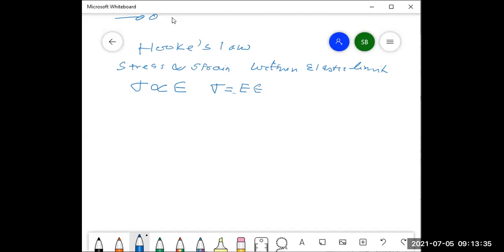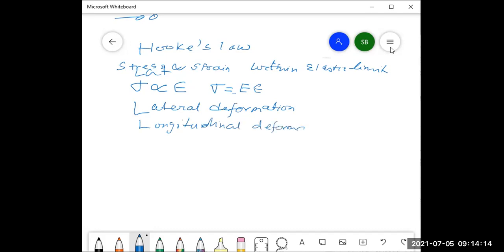Now we know that in the case of a uniform rod, when it elongates, there is also lateral deformation which takes place, which is accompanied by any longitudinal deformation itself.